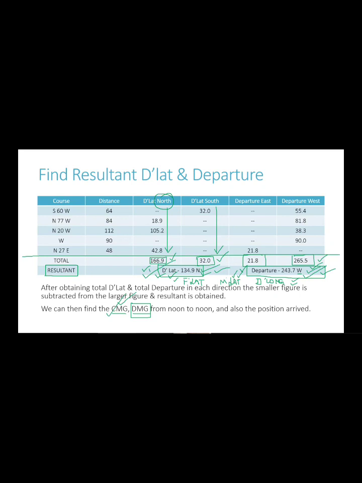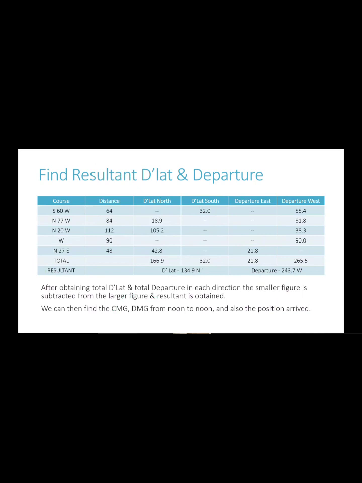So we can find out the course made good, the distance made good from noon to noon and also the position arrived. तो आप बेटा ये values तो आपके पास आ गई हैं. आप अपनी notebooks में इसको solve करो और ये चारों चीजें निकालो.